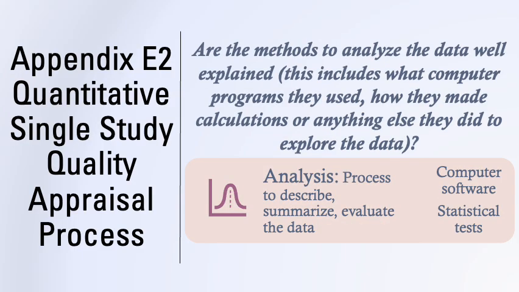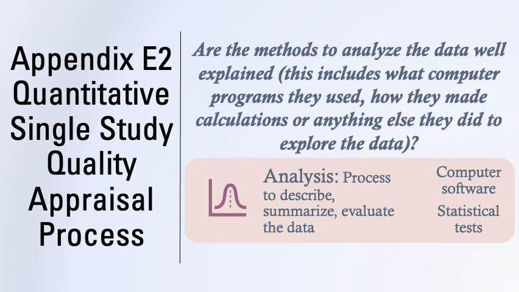We will now return to question 8b. Quality appraisal question 8b in the methods section of a quantitative study asks, are the methods to analyze the data well explained? This includes what computer programs they use, how they made calculations, or anything else they did to explore the data.